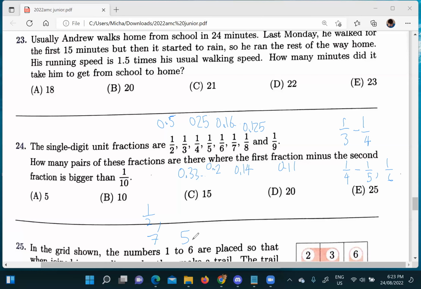So then, we said a quarter works with everything past a sixth. So a seventh, an eighth, a ninth. So a quarter works with 3, yeah? And then a fifth doesn't work with anything else, yeah? So how many is that? 15, yeah. It's 15.